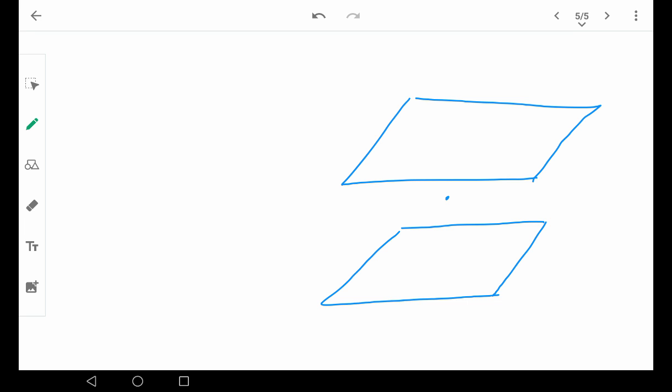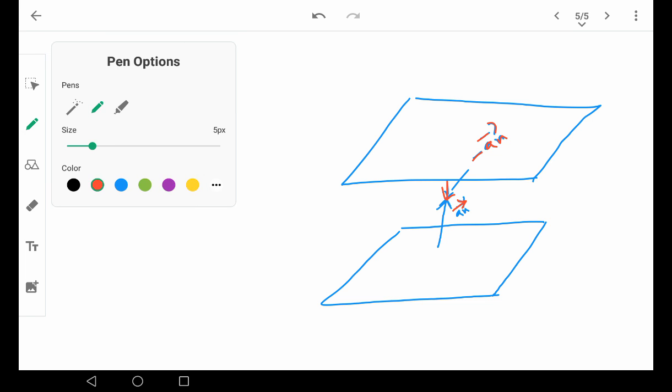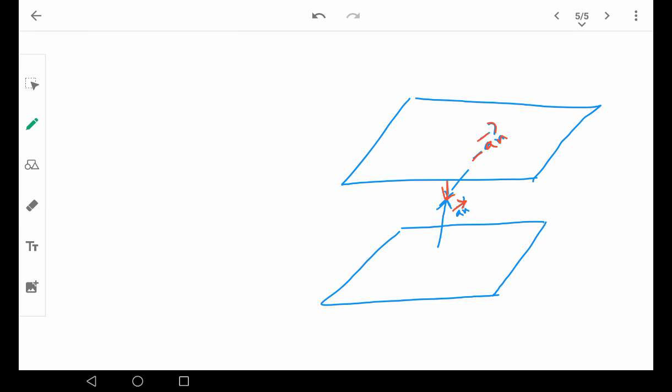I will take this direction as the direction of a n, and obviously the opposite direction will be minus a n. The upward direction is a n and the downward direction is minus a n.